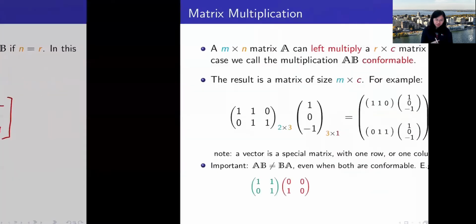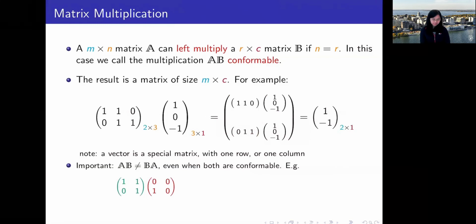I want to emphasize that the order of multiplication for matrices is very important. AB in general is not equal to BA.